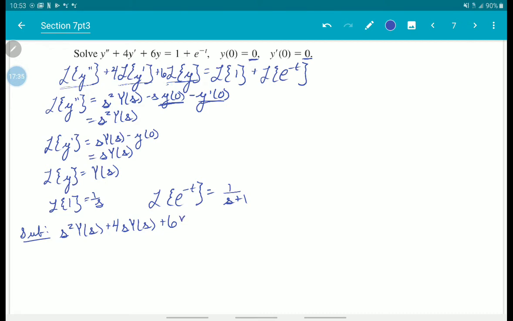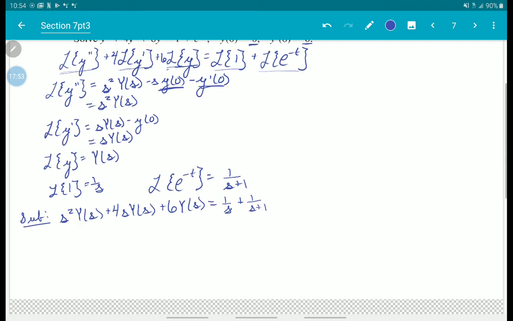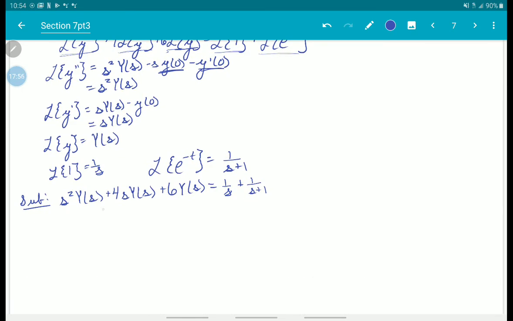Laplace of y is Y of s, is equal to the Laplace of 1, which is 1 over s, plus the Laplace of e to the negative t, which is 1 over s plus 1. So notice that on the left-hand side, we can factor out a Y of s from all those terms. And that's going to leave us with s squared plus 4s plus 6.